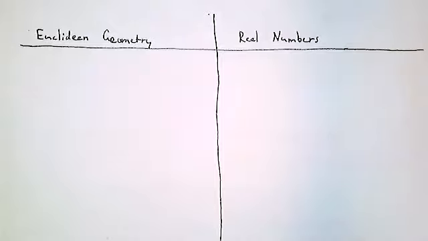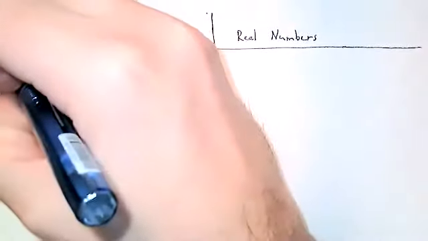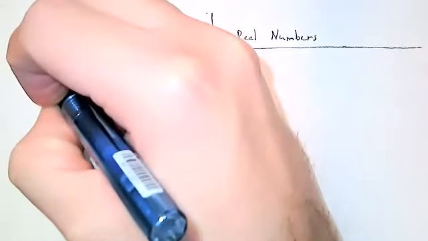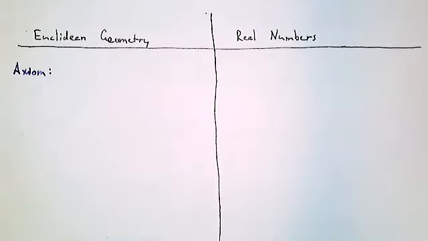So from geometry, we can think of other axioms. The one that I'm about to write is usually called the parallel postulate.